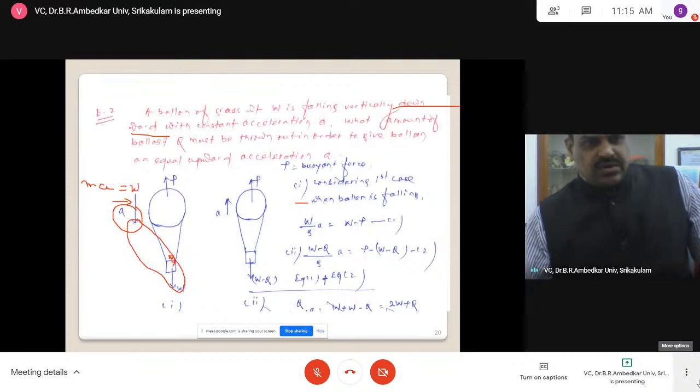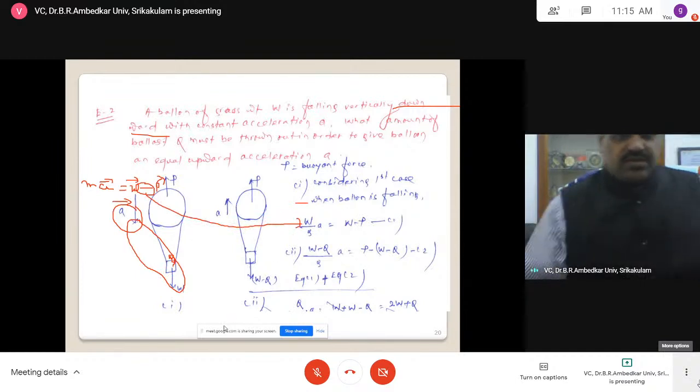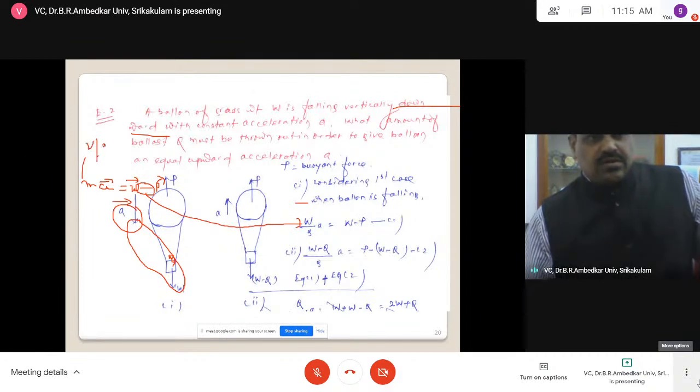This is opposite direction, minus P. P is opposite, that's why negative. Okay, so the expression is written here. This mass can be represented as W by g, mass is weight by g.